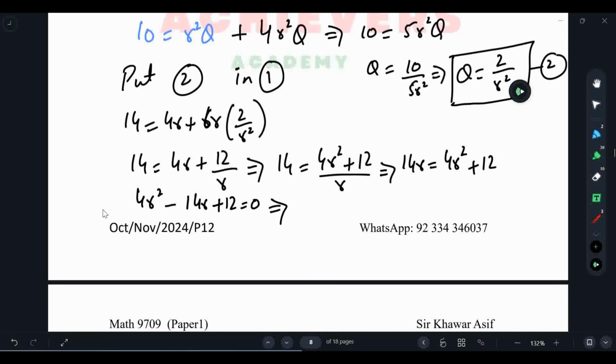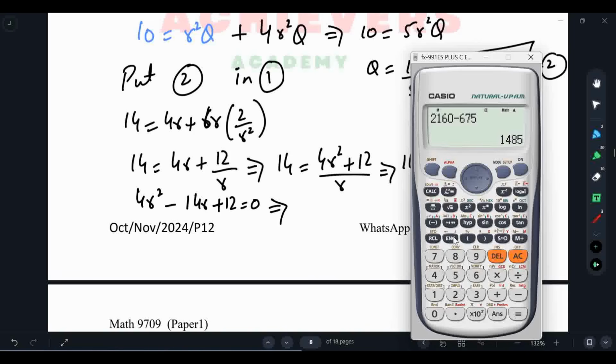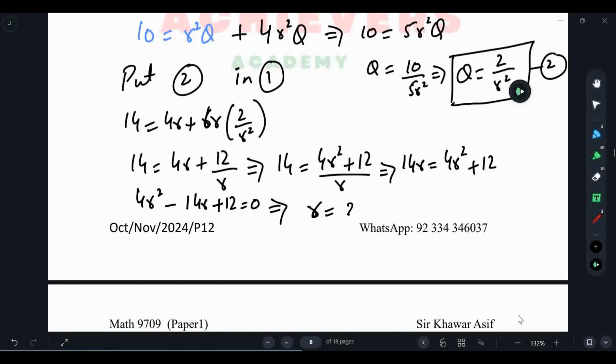And now we can use the middle term breaking, or we can simplify it like a simple quadratic equation. So 4, minus 14, and then we have 12. So r is equal to 2 and r is equal to 3 by 2.